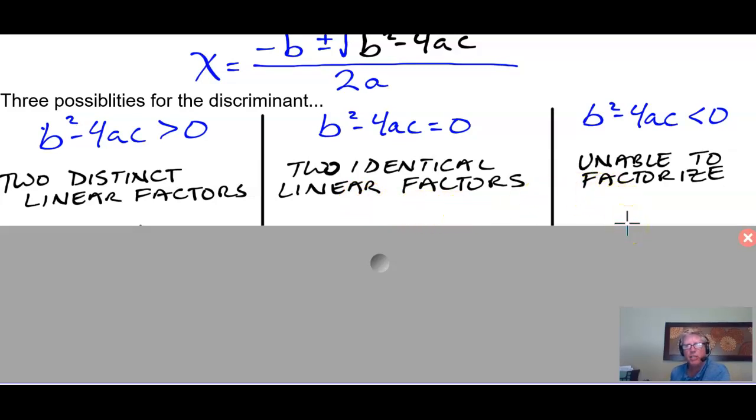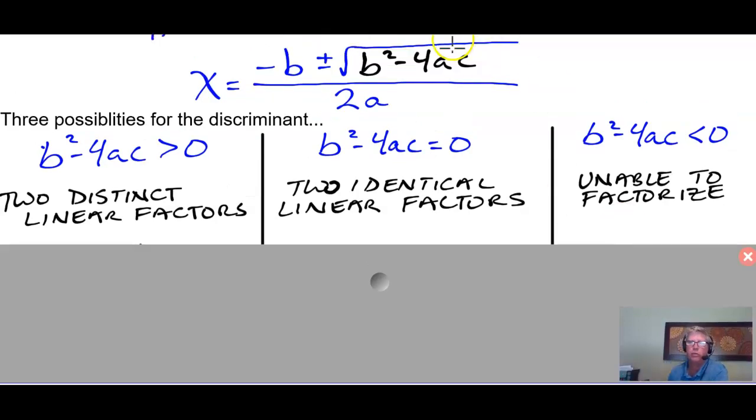And if b squared minus 4ac is less than 0, that quantity underneath the square root is negative. Your mind's thinking, well, square root of a negative number, that's difficult. Yeah, Chuck Norris is pretty good at them, but we call that unable to factorize.